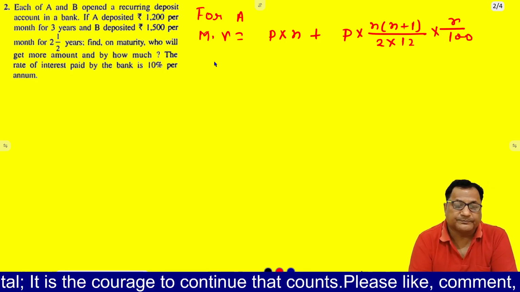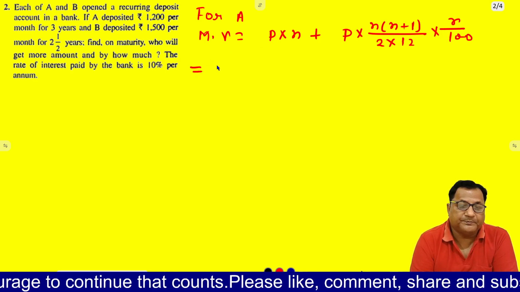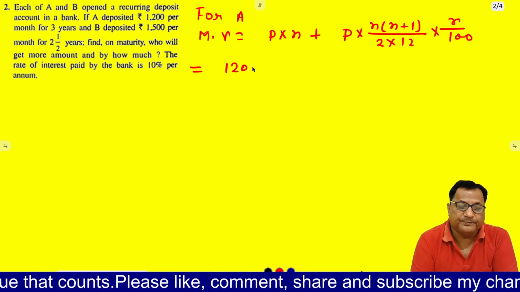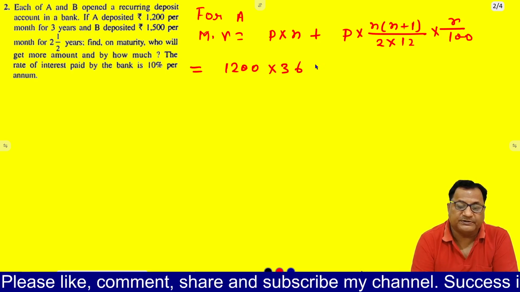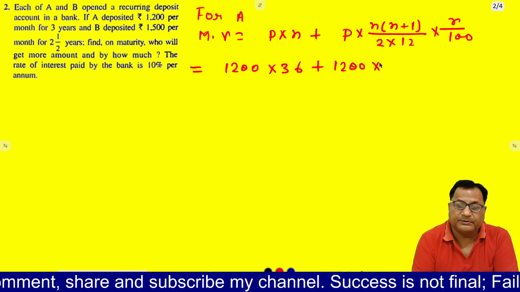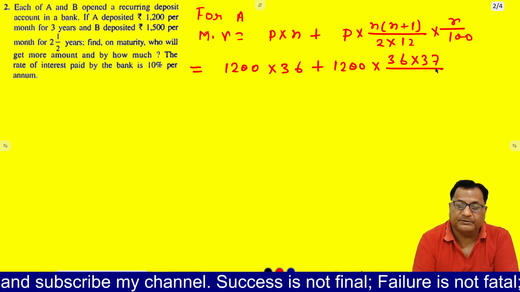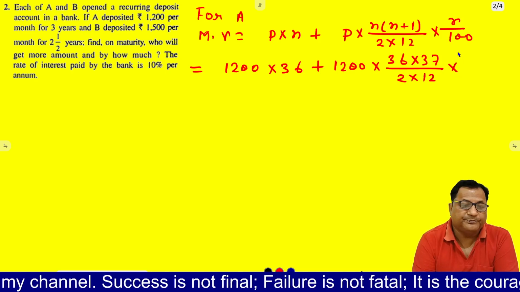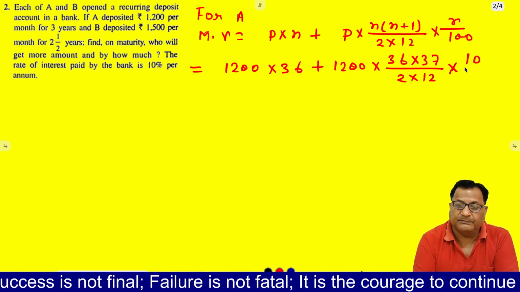Here P is equal to 1200, N for 3 years means 36 months, plus 1200 into 36 into 37 divided by 2 into 12 into rate, which is 10 by 100.